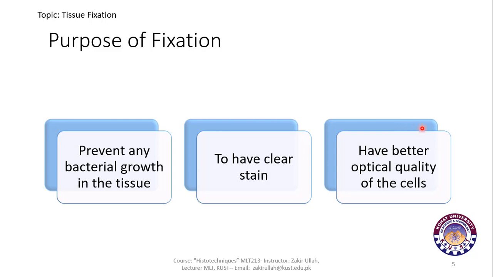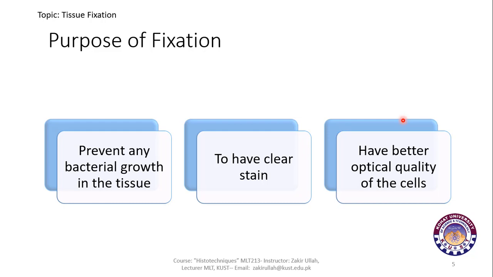The last purpose of tissue fixation is to have better optical quality of the cells. When the tissue is examined under the microscope, the clear picture of the cells depends on the fixation.